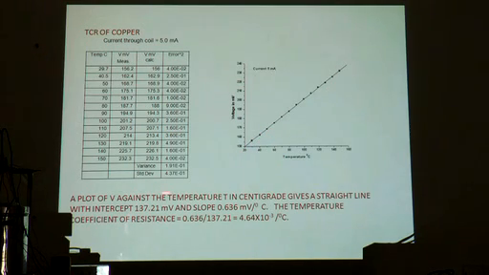I find that this straight line has an intercept 137.2 millivolt, slope 0.636 millivolt per centigrade. So, the temperature coefficient of resistance alpha is slope divided by intercept, that is 4.64 times 10 power minus 3 per degree centigrade.